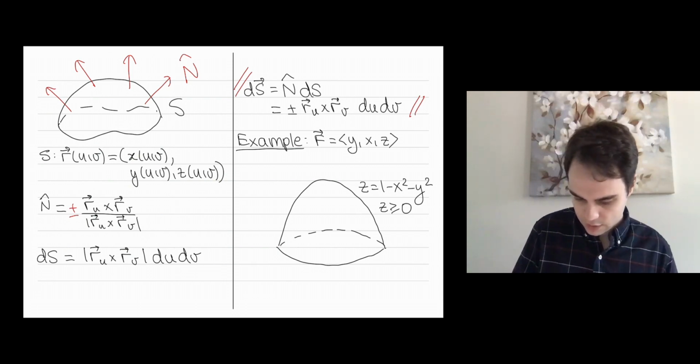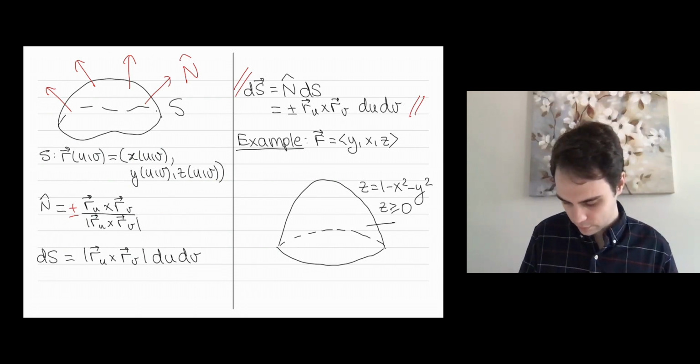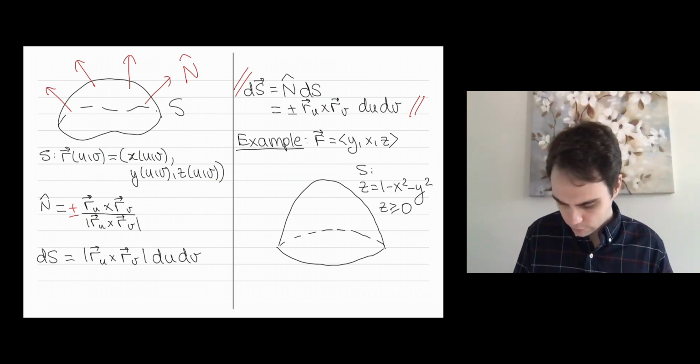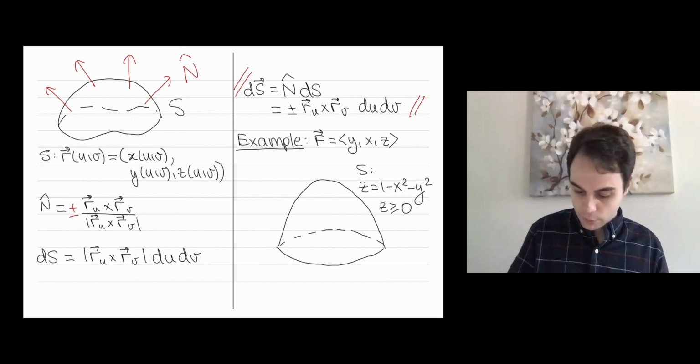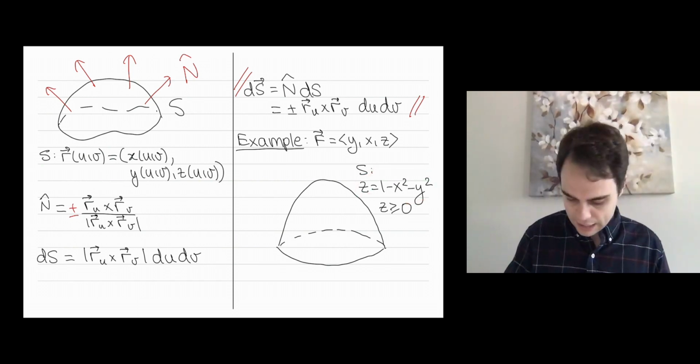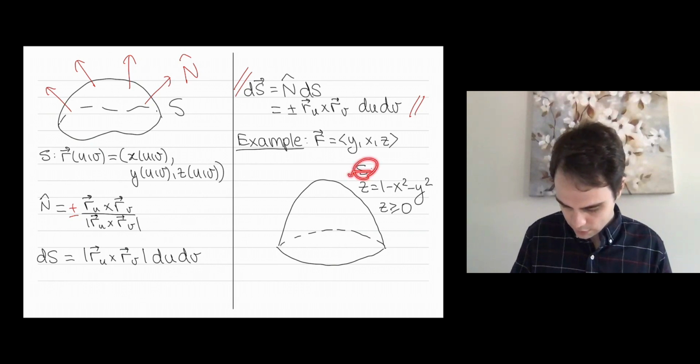Right, so S is this surface over here with these equations. So I'm looking at the part of this upside down paraboloid that lies above the xy plane.